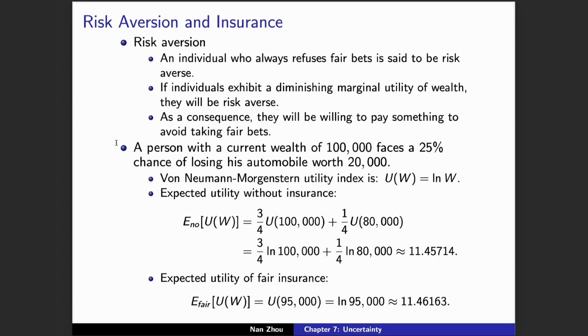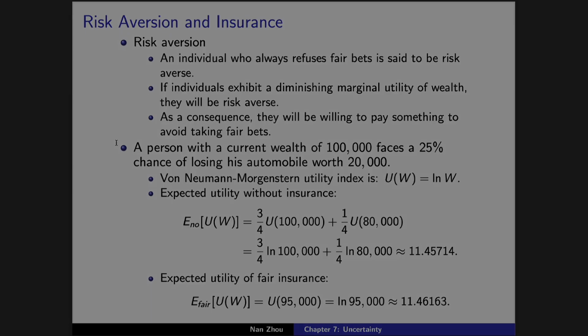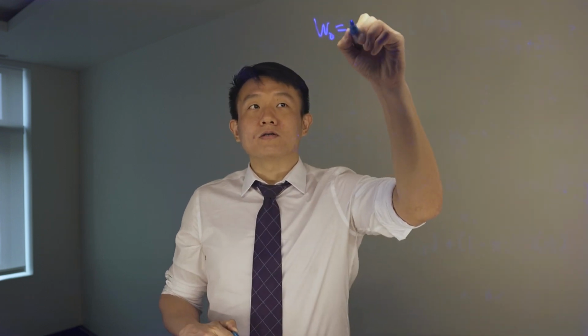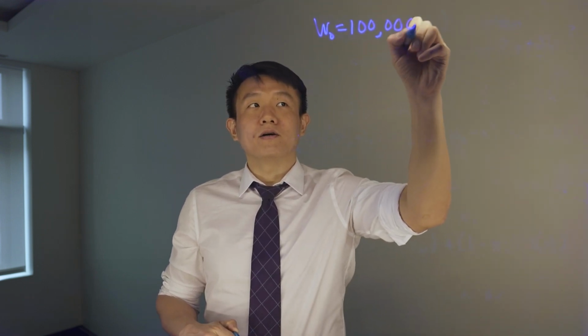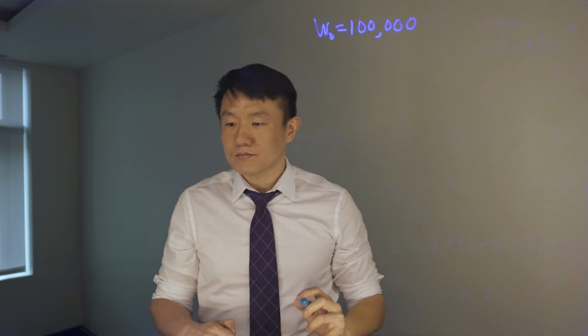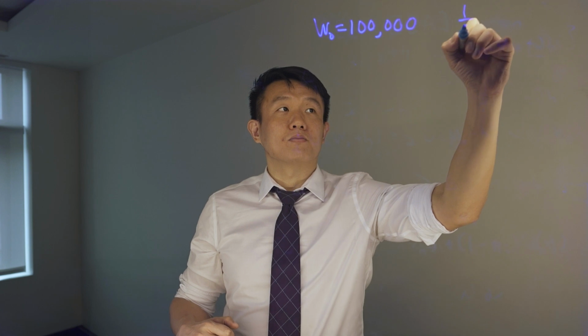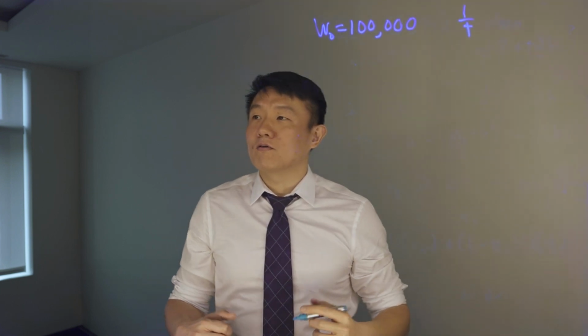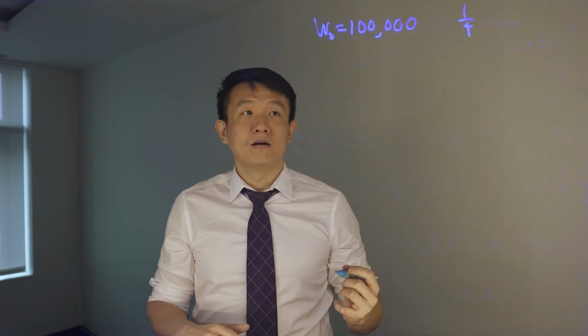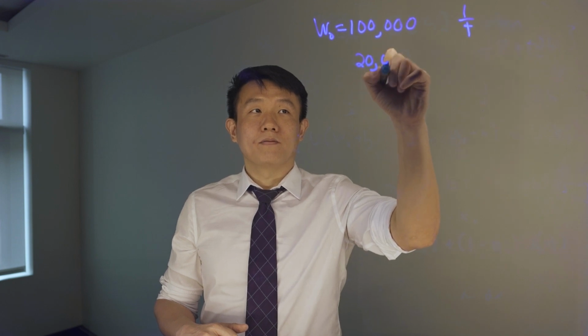This idea, of course, is what led to the development of various forms of insurance that serve exactly this need. So let's imagine we have someone who has a starting wealth of $100,000, and they have a 25% chance, so probability 1/4, of crashing their car, which is worth $20,000.